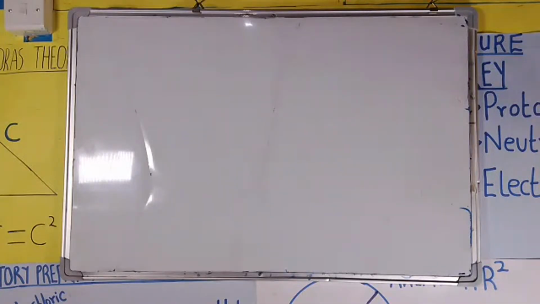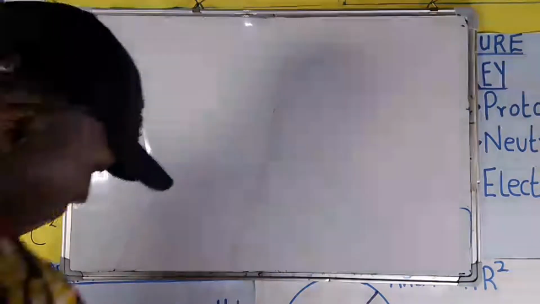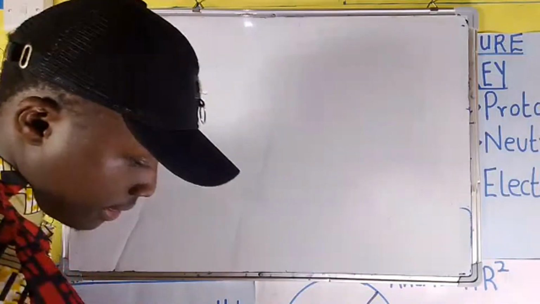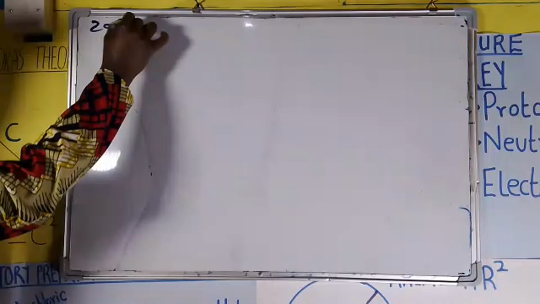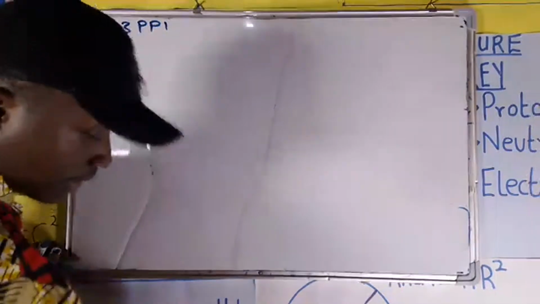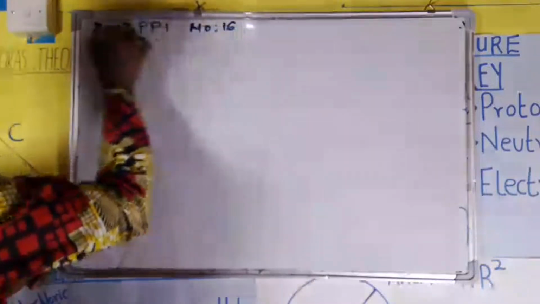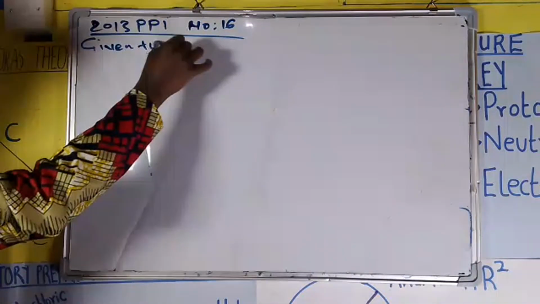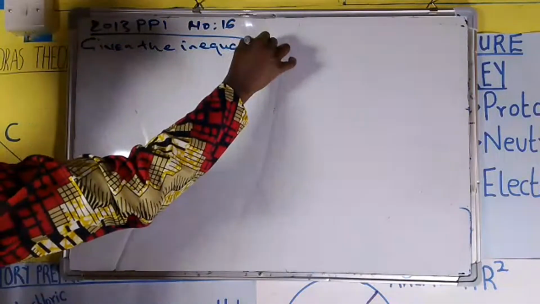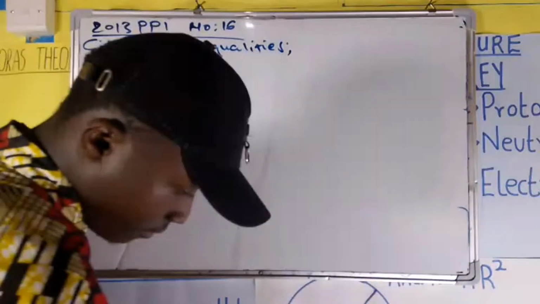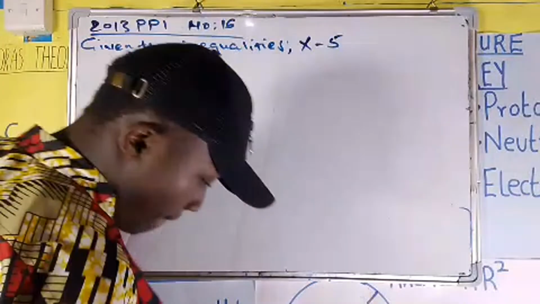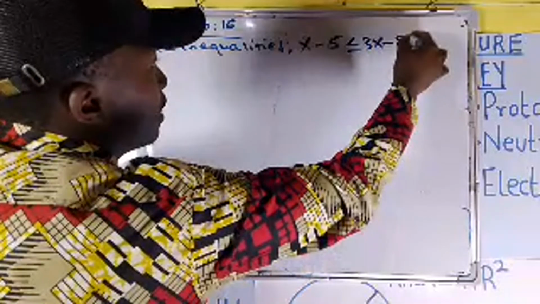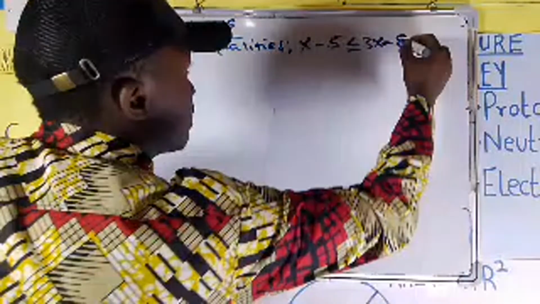Haya, linear motion tutafanya. So I want to give you some assignment. 2013 paper 1, number 16. Given the inequalities, minus 8 is less than or equal to 3x minus 8 is less than 2x minus 3.